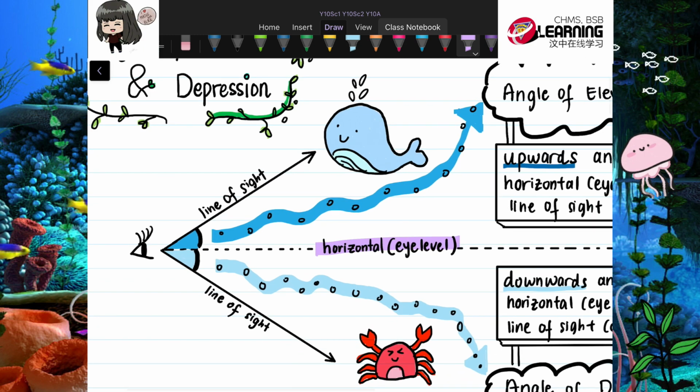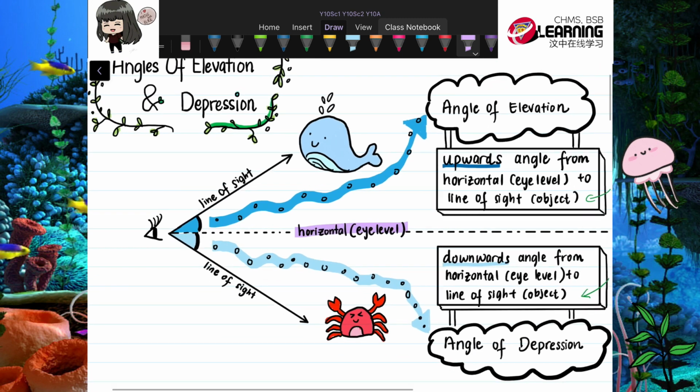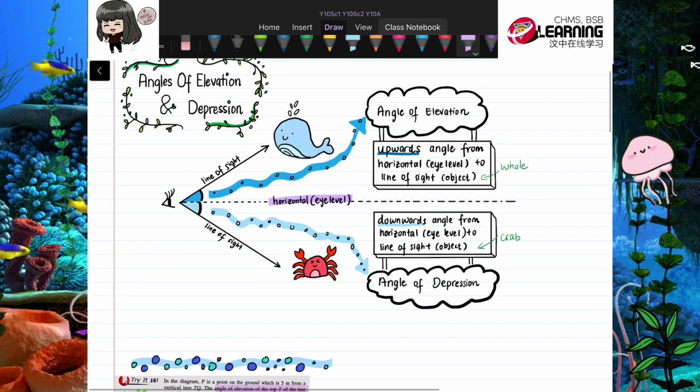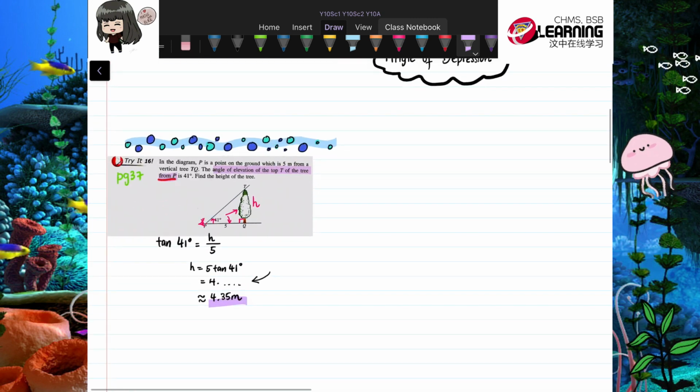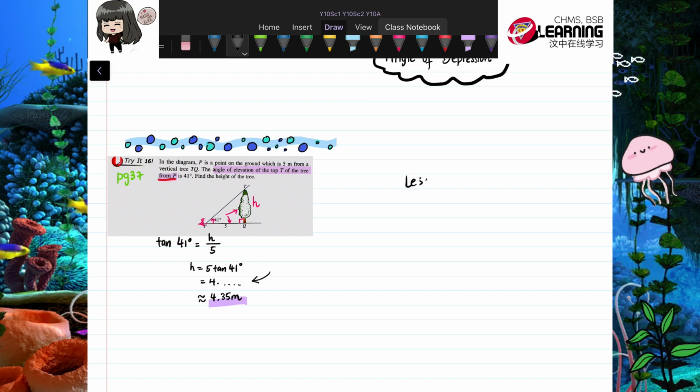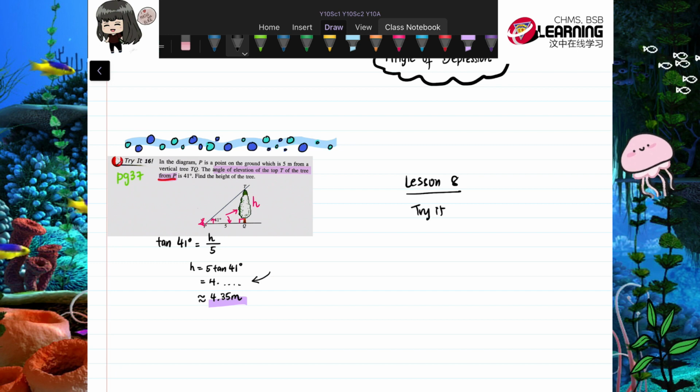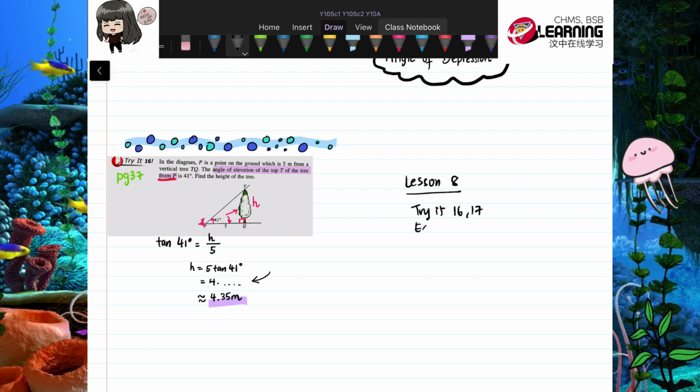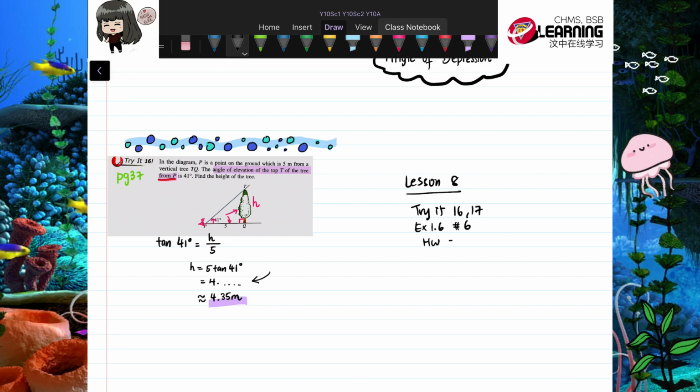Looking up is angle of elevation, looking down is angle of depression. Remember that. So today's lesson is lesson 8. You copy this down, copy the notes also. Pages 16, 17, exercise 1.6. I explained question number 6 just now, and your homework is question number 1.